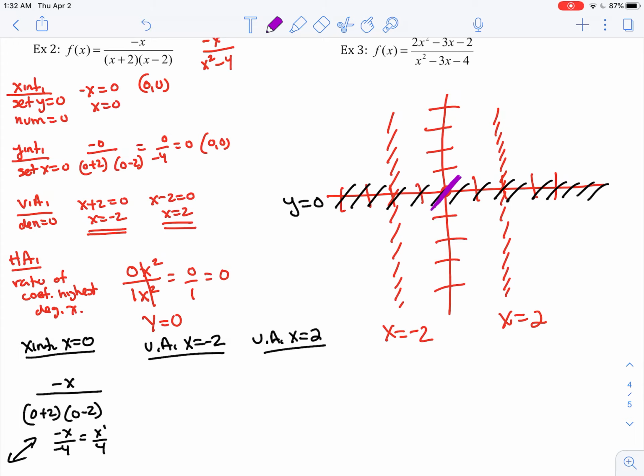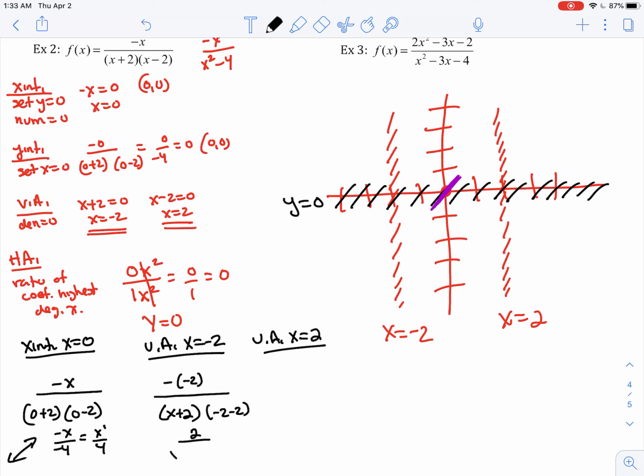So as we are approaching x equal to 0, our graph should be coming up in this positive slope type behavior. If we look at the behavior as we approach the vertical asymptote of x equal to -2, well, that came from the factor of x plus 2. So we're going to leave that factor alone, and we're going to plug that -2 value into the other x's where it did not come from, those non-zero terms. So we're going to have minus a -2 and a -2 minus 2.